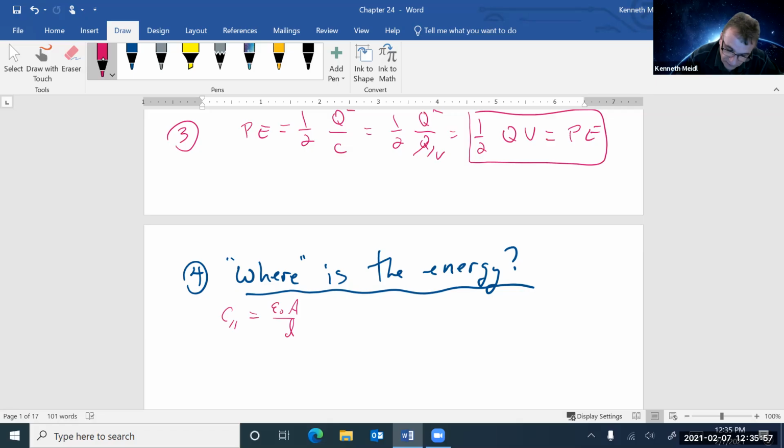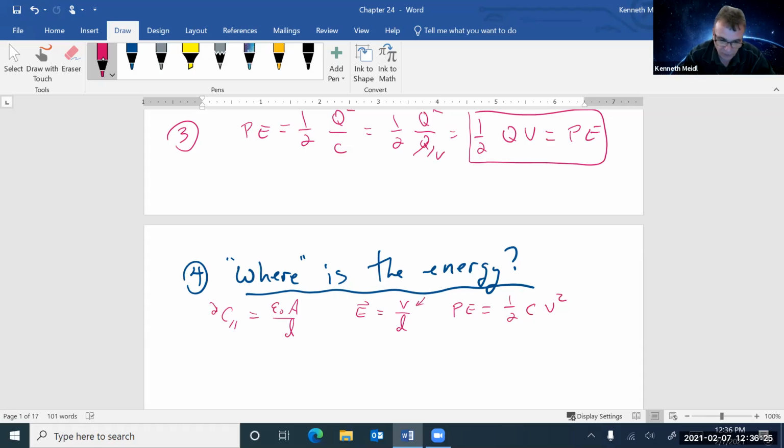I know that the electric field here is volts per meter, so that's volts per distance. And I know the potential energy that is stored there, and there are different versions. Looking at what I've got here, I've got V's and stuff, so I'm going to use this one, 1/2 CV squared, because I've got a C here and a V there.